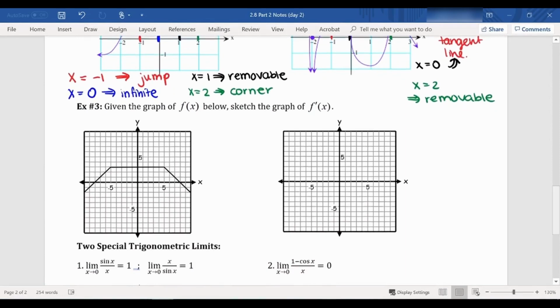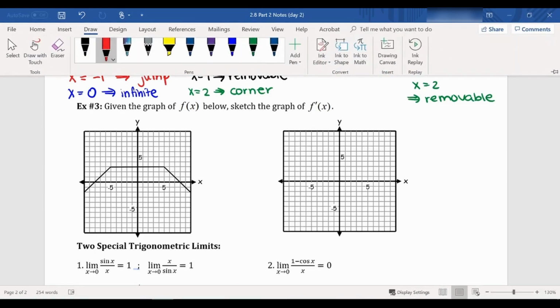We have another example here where we are going to be given f and sketch f prime. We did one of these on the front page. If you would like to try this on your own, you could again pause the video here and give it a try. Otherwise, you can continue.